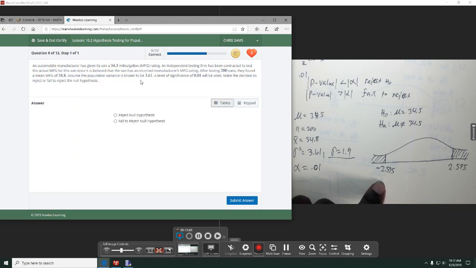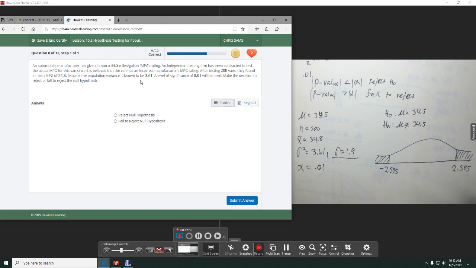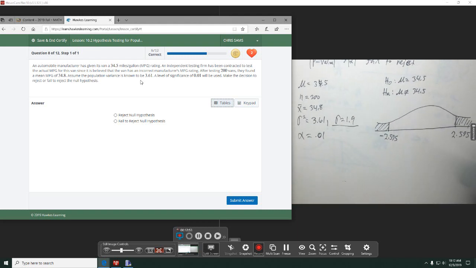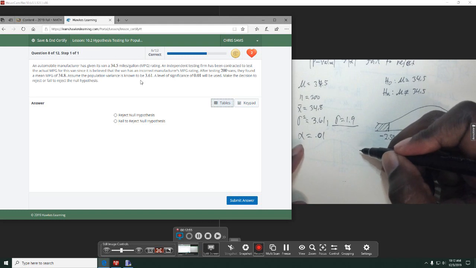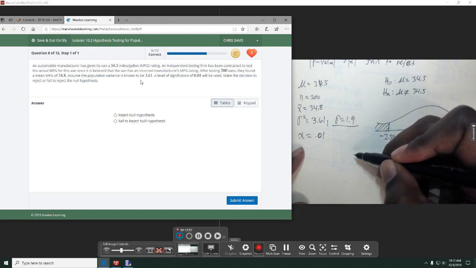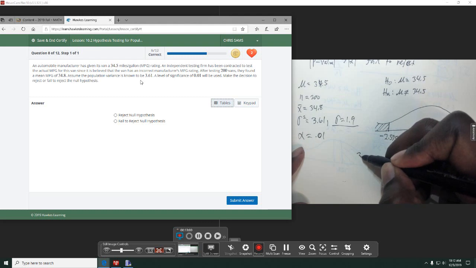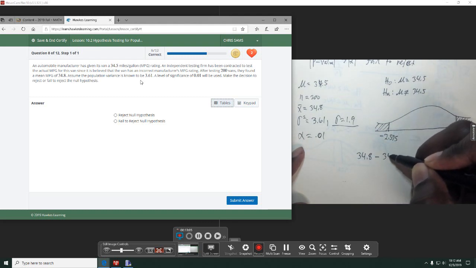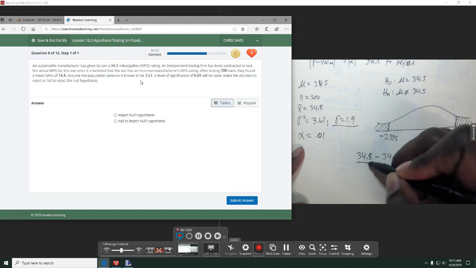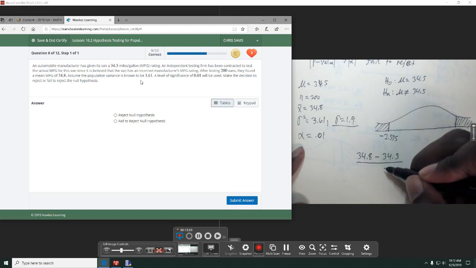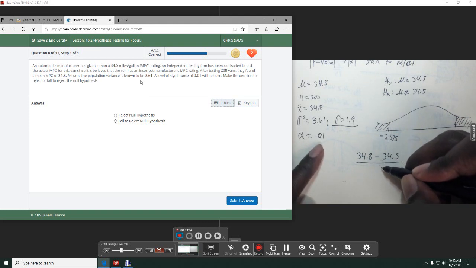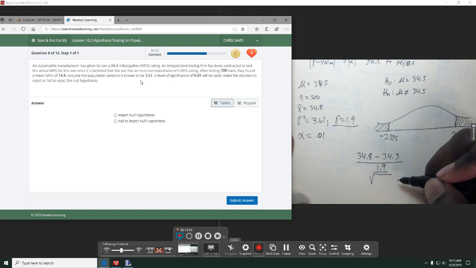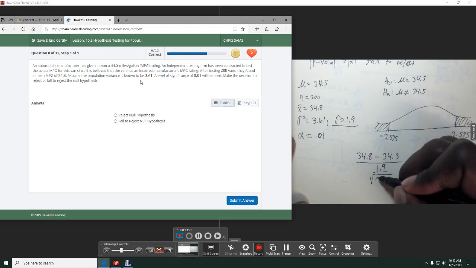Now we need to do our actual test statistic and then compare those two numbers. So doing the test statistic, sample mean 34.8 minus 34.5, divided by standard deviation of 1.9 divided by the square root of 200.